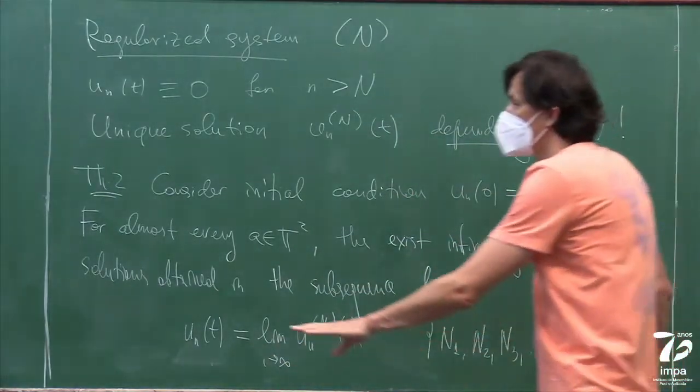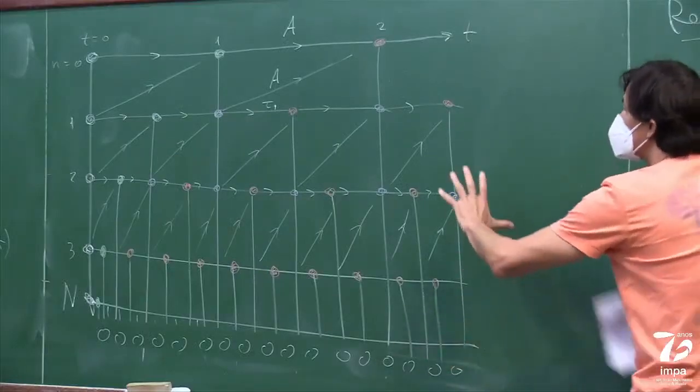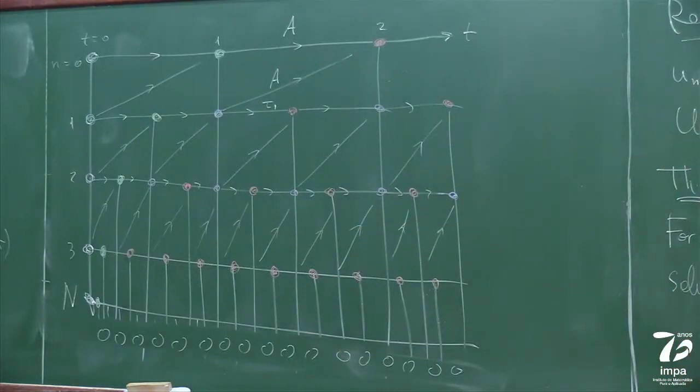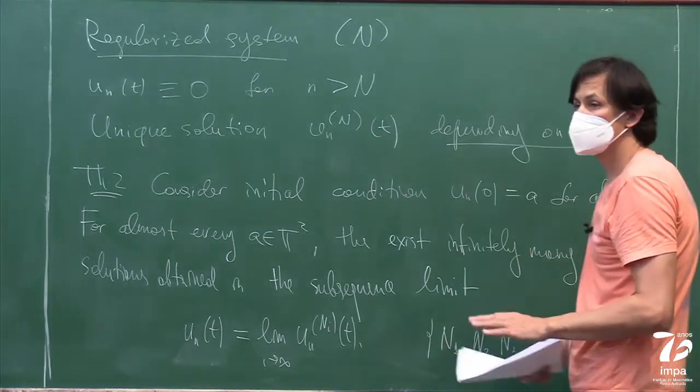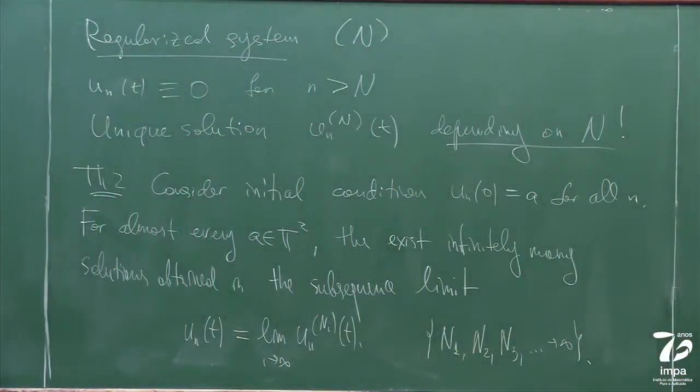We can carefully choose where to cut such that it will converge everywhere. But this is non-unique. We still have very strong non-uniqueness, because different subsequences will lead to different solutions, and there are infinitely many of them. Maybe there is an improvement, maybe less infinitely many, but still infinitely many.